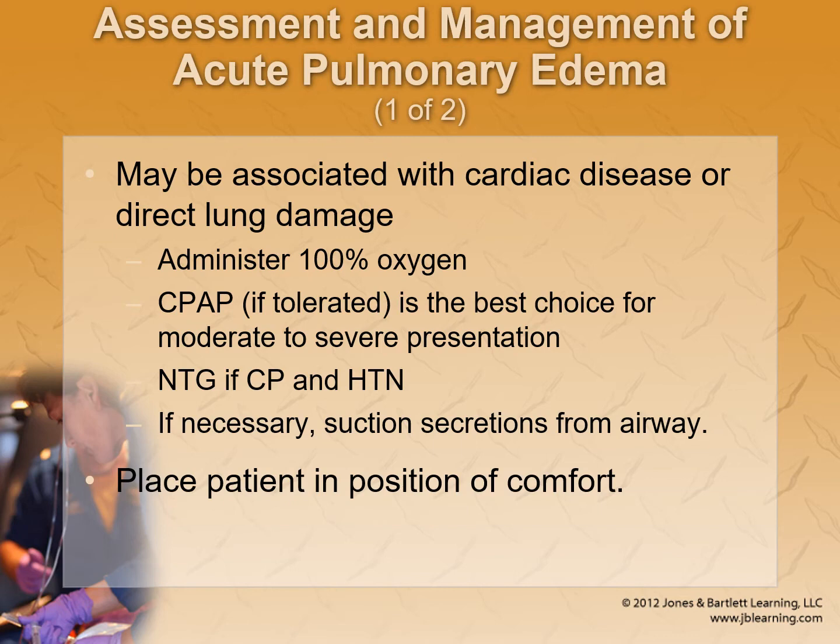So if they're having chest pain, nitroglycerin is an excellent drug to fix the problem at hand, and you guys can give it under your protocols if there's chest pain, because it is a true cardiac pain that's causing all this. So don't be afraid to use the nitroglycerin if they're having chest pain and they're hypertensive and you suspect pulmonary edema.